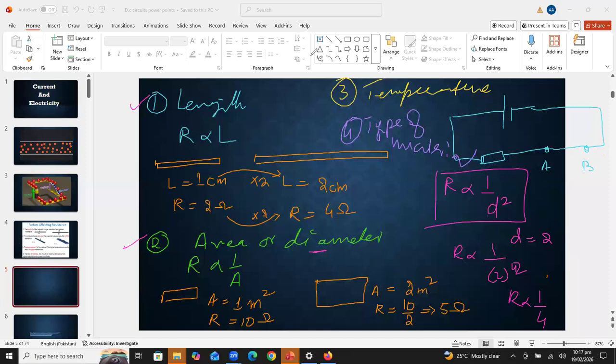So resistivity is opposite to conductivity. Conductivity means how good the conductor is, and resistivity means how bad the conductor is, that it will offer more resistance and will not allow electric current to pass through it. Is it clear to you, students? Did you understand these 4 points?